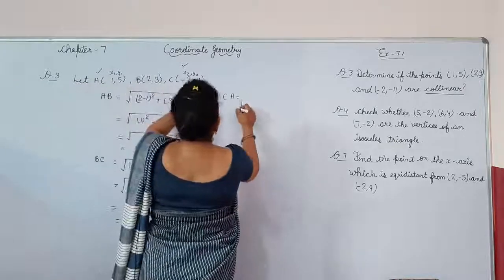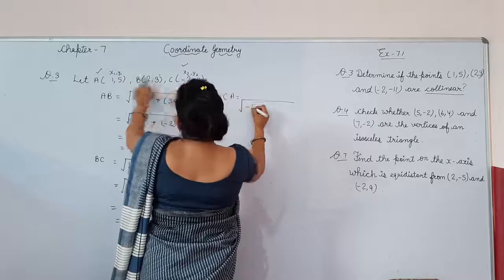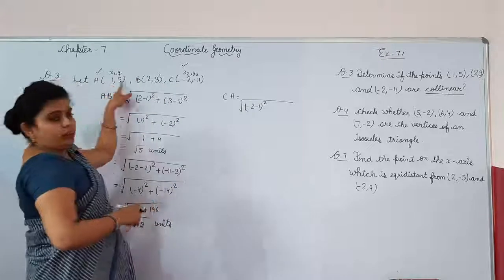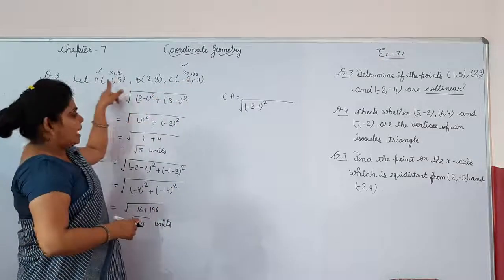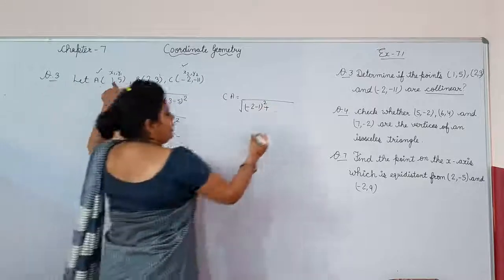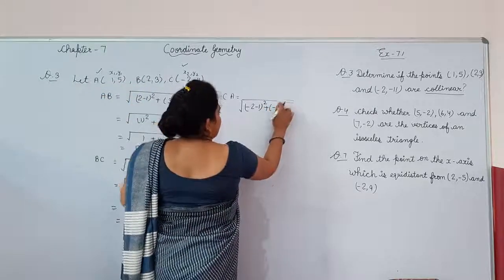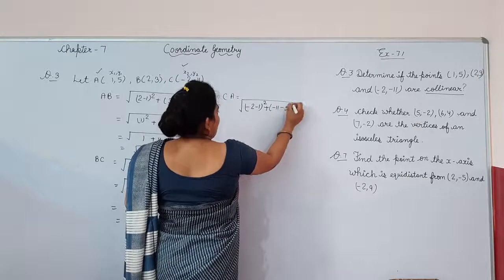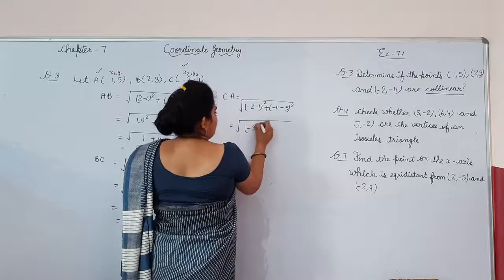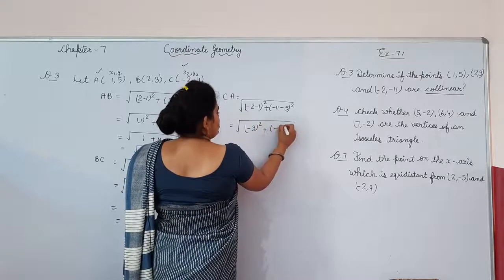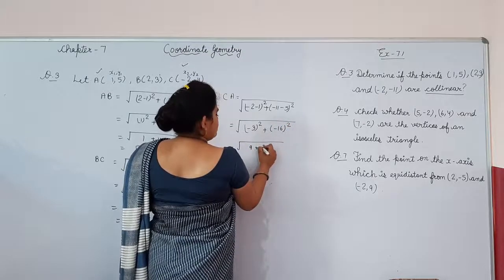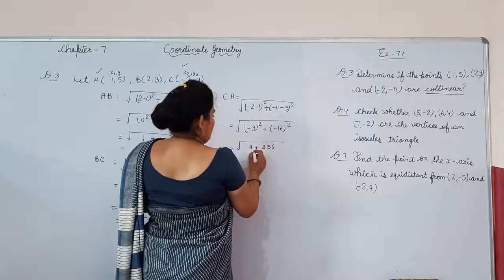Then how we will calculate this CA? (-2 minus 1) whole square, means we will subtract this 1 from -2, plus (-11 minus 5) whole square. (-3) whole square plus (-16) whole square. (-3) whole square is 9. 16 square is 256.